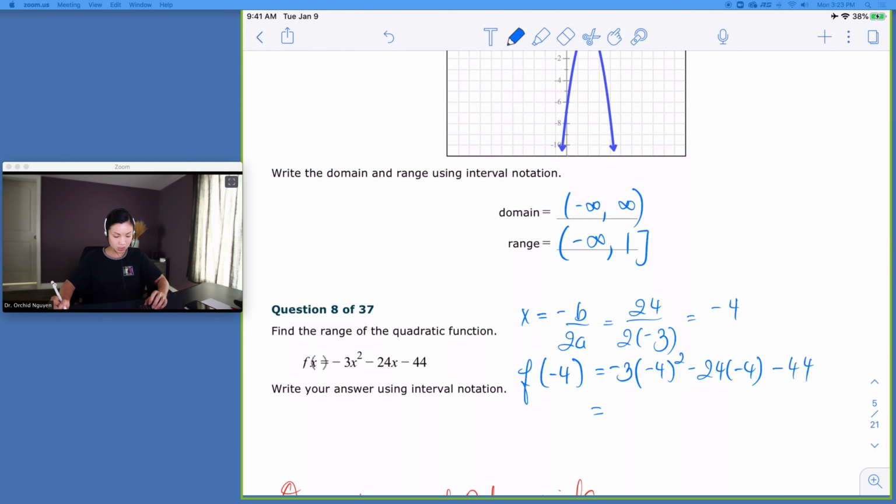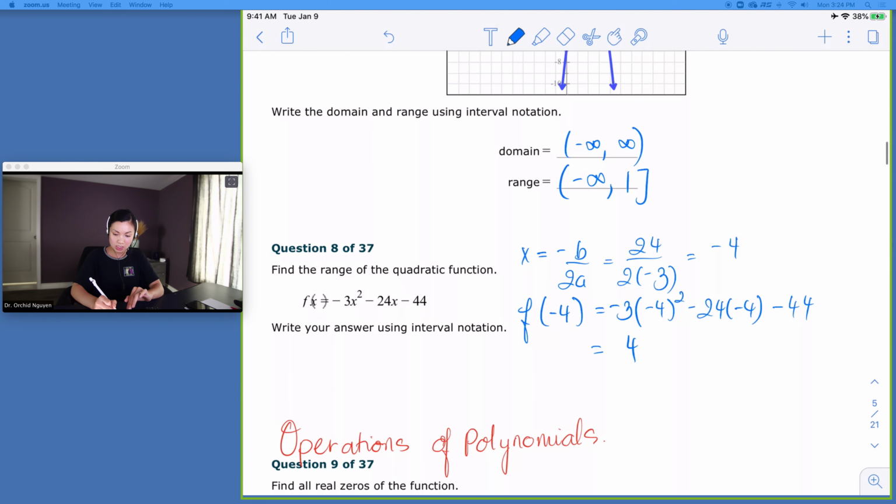Okay, I'm going to try to solve for it. The answer is 4. So that's going to be the range.